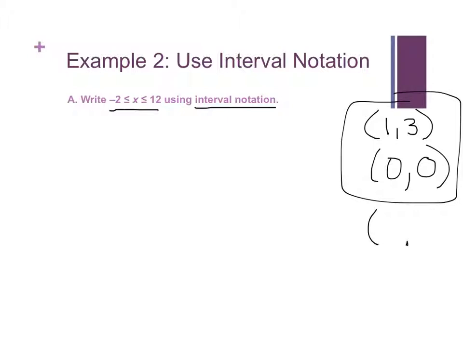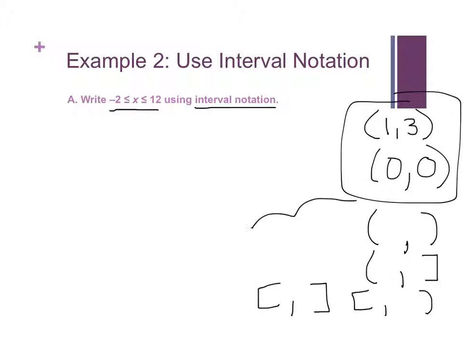So our interval could look like this with parenthesis, comma, parenthesis, or it could be parenthesis, comma, bracket. It could be bracket, comma, parenthesis, or it could be bracket, comma, bracket. These are the four different notations we could use for writing an interval for an inequality.